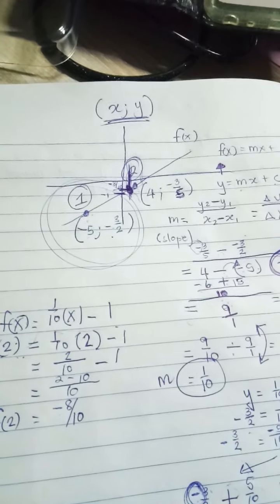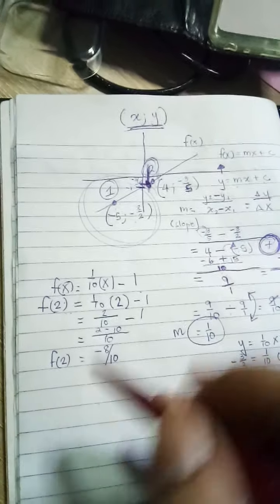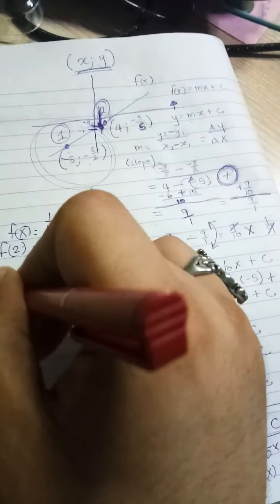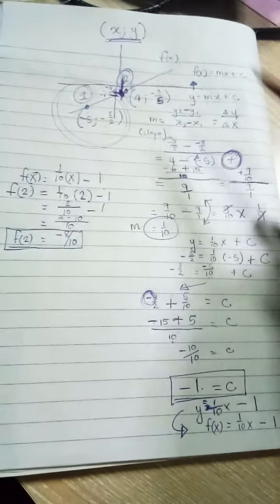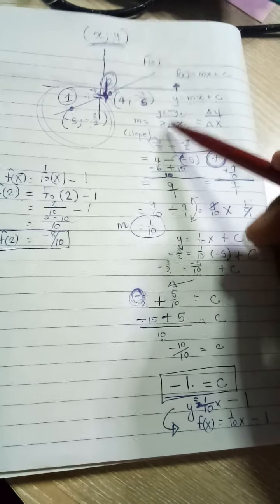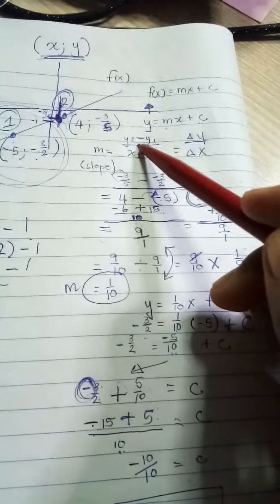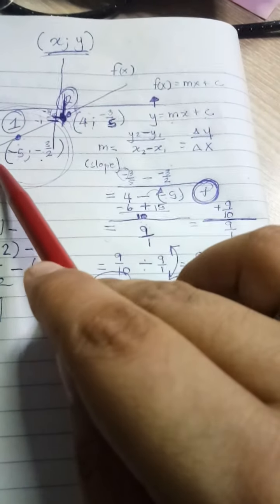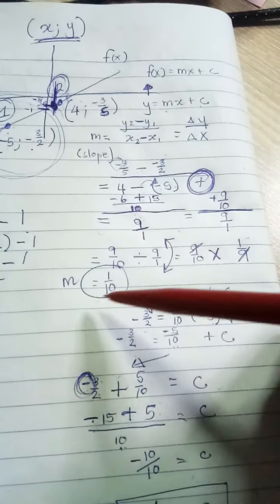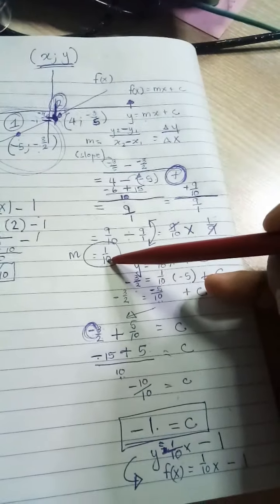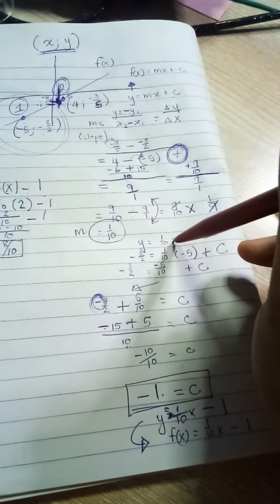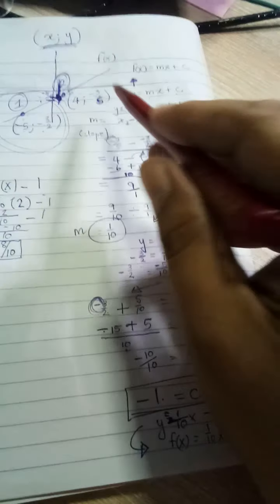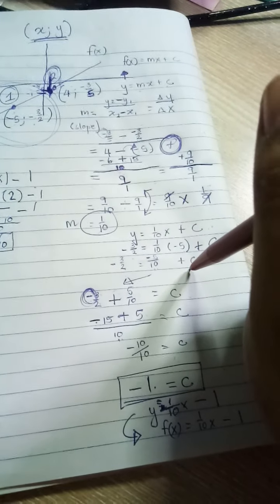Okay, so let's run through the process again. We started off with the gradient or the slope, y2 minus y1. We choose our points, we work it out, we get m is 1 over 10. Then we put this into the equation. We work out c by substituting one of the coordinates back into this equation, and we work out that c was minus 1, and we write this in function notation.